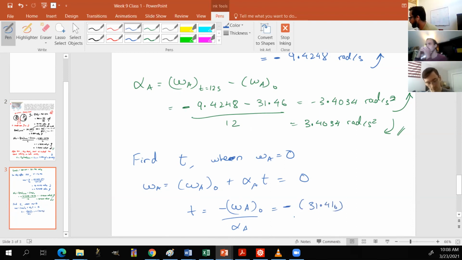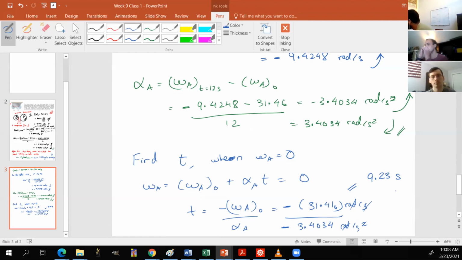So same direction. We're just using counterclockwise positive throughout this problem, divided by minus 3.4034. This is in radians per second. This is in radians per second squared. You're left with seconds. So you get time equal to 9.23 seconds. And please check that. Again, the answer could be very wrong over here. That's right. Yeah, works for me.